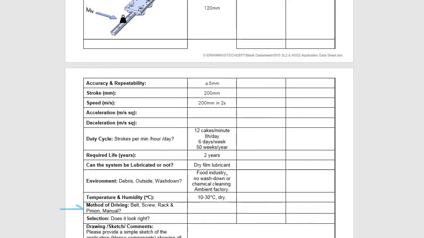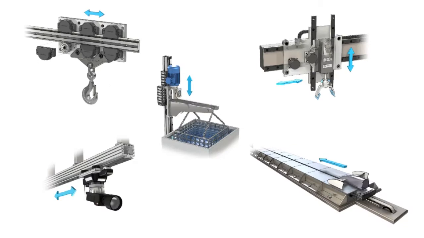For the method of driving, we'd like you to indicate how the product will be moved. Would it be by hand or using a motor? And then how might the product be connected to the motor? For example, with a screw or belt drive, or perhaps a rack and pinion. There are a variety of drive methods available, and the application usually determines which is most suitable.